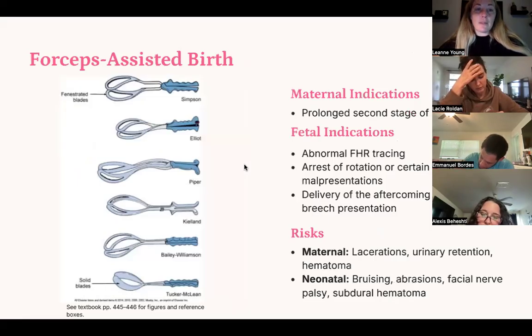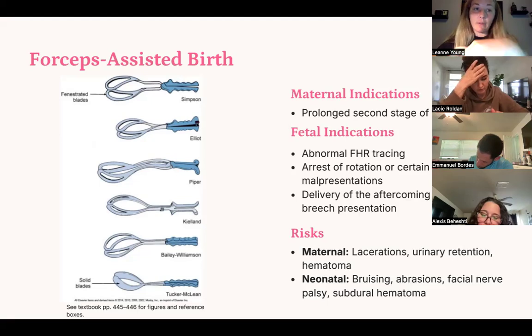A forceps assisted birth is another type of assisted vaginal delivery. It's indicated for moms that are in a prolonged second stage of labor, if we have babies showing signs of distress, or if the baby has stopped rotating or is not descending as effectively. This is what we can use as well.